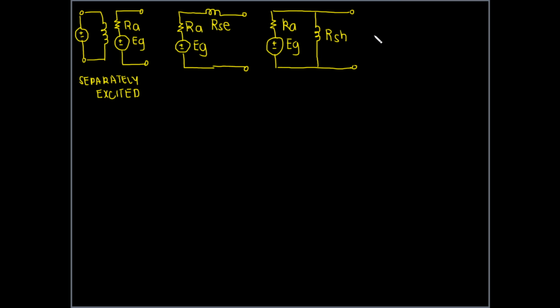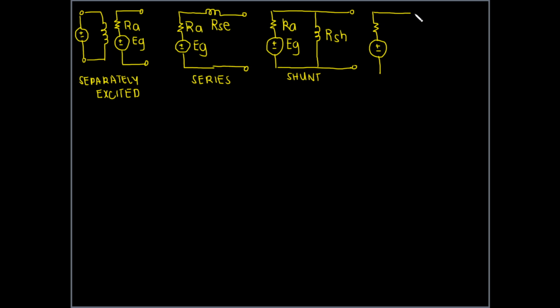The last two types for this self-excited generators are your compound generator. So this is the series. This is shunt. Again, I've discussed these already, but we're just doing a recall before I do the examples. So the compound generator has two types.